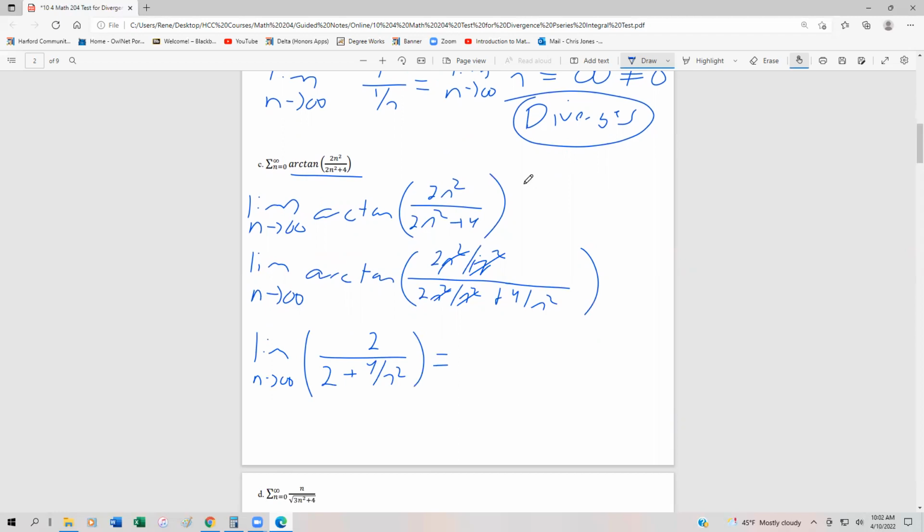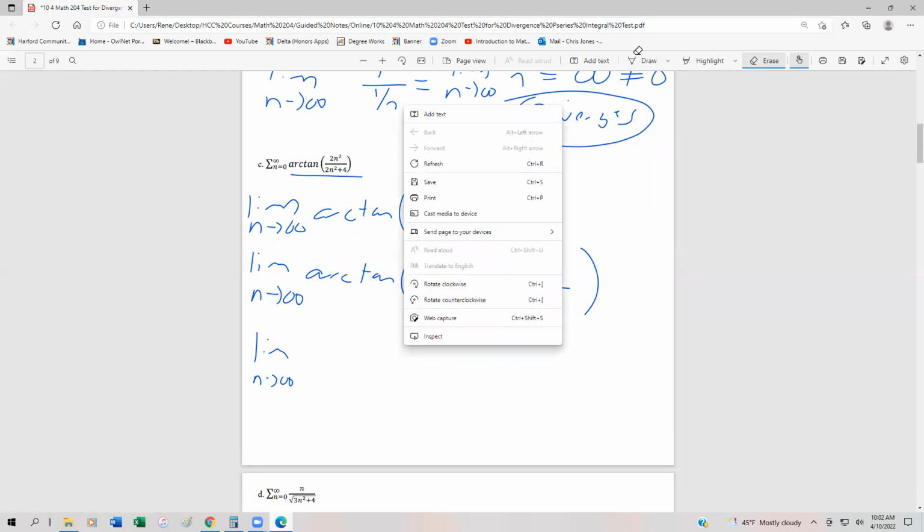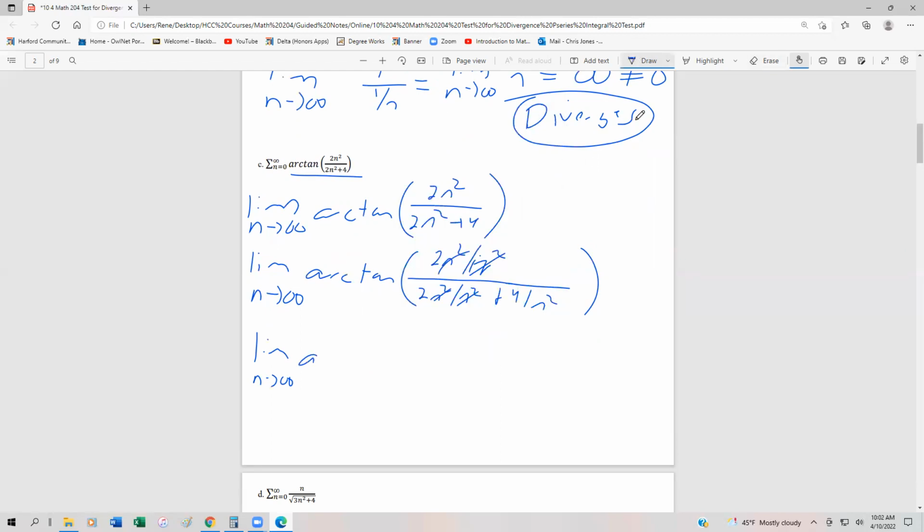Excuse me, I forgot to copy the arctan, which certainly changes the answer. So it's the arctan of 2 over 2 plus 4 over n squared. And then if we apply the limit to 4 over n squared, we know that that's going to go to 0. So we're left with the arctangent of 2 over 2, which is the arctan of 1.